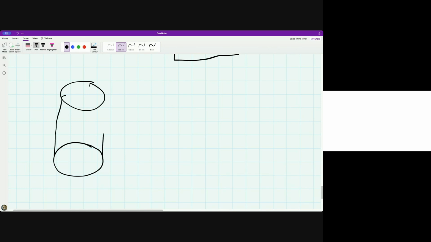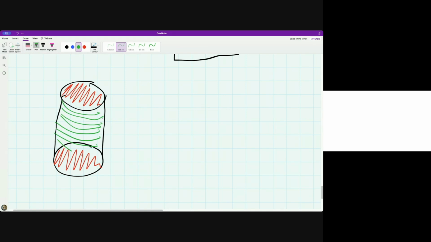Well, we have something called a cylinder. And a cylinder has a circle on the top and then a circle on the bottom. And then it has this funny bit over here. Does anybody know what this funny bit, when you unwrap it, ends up being?